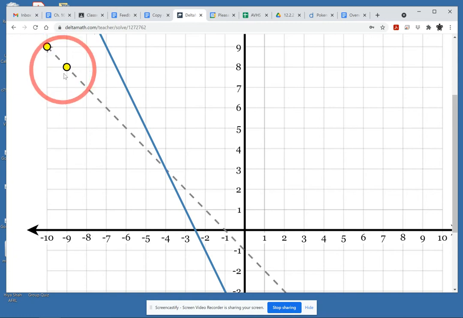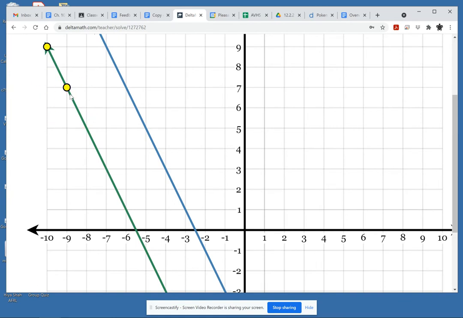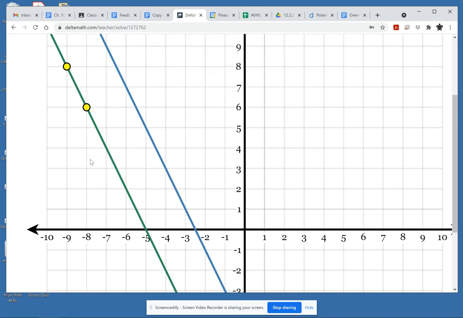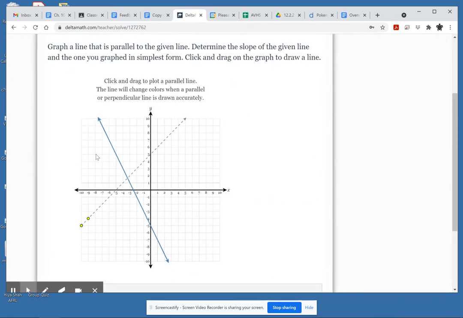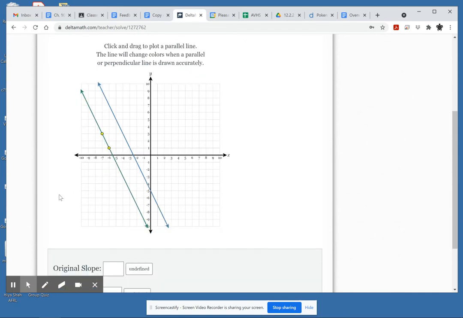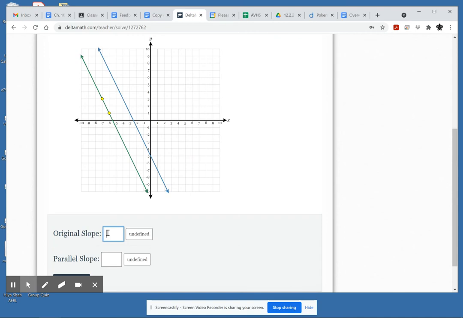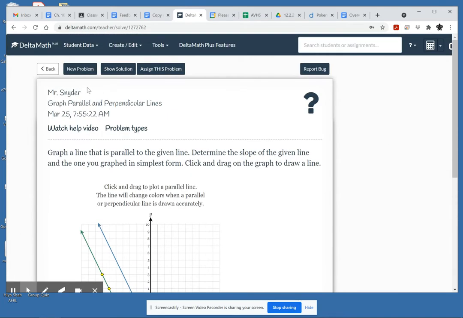Okay, so I can take this point, and as long as it has the same slope, as long as I have a point that goes down 1 and over 2, it's going to be parallel. And then what is that original slope? Well, it's negative 2. What's the parallel slope? It's negative 2. So that's how I would do that.